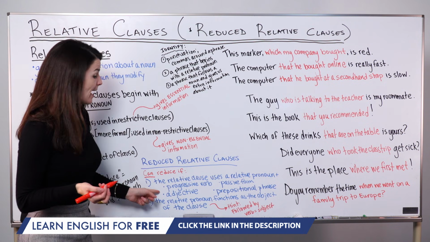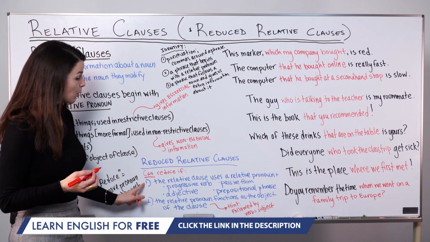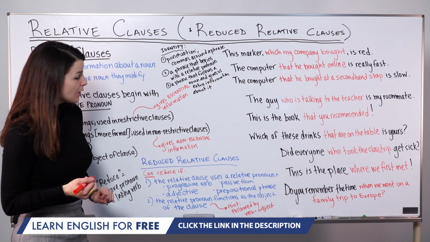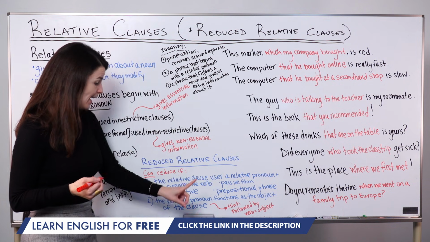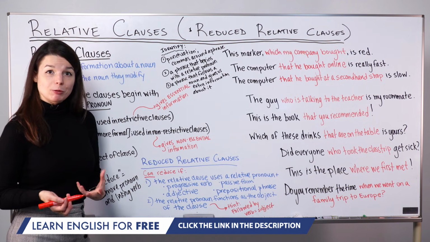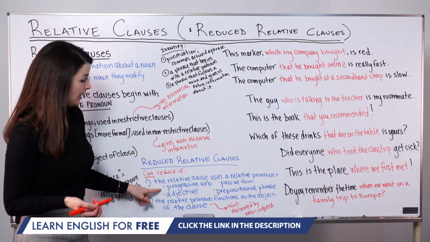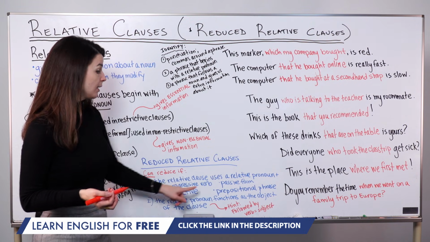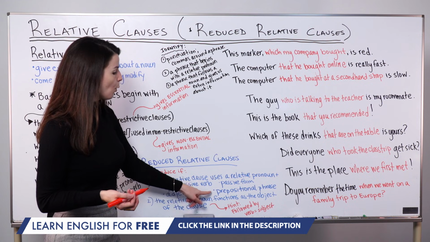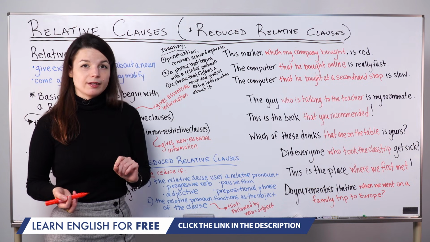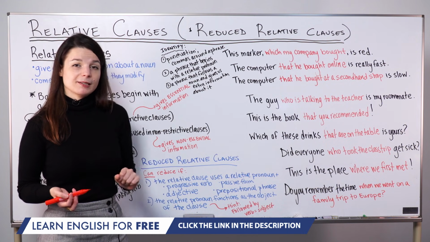So we can reduce if, number one, the relative clause uses a relative pronoun and it uses the progressive form of the verb. Here, it uses an adjective, it uses the passive form, or it uses a prepositional phrase. So I'll share some examples of these.